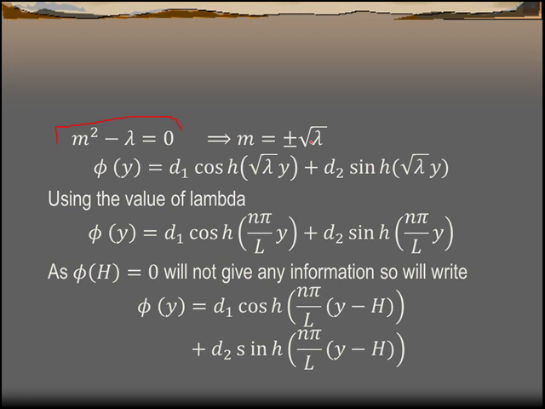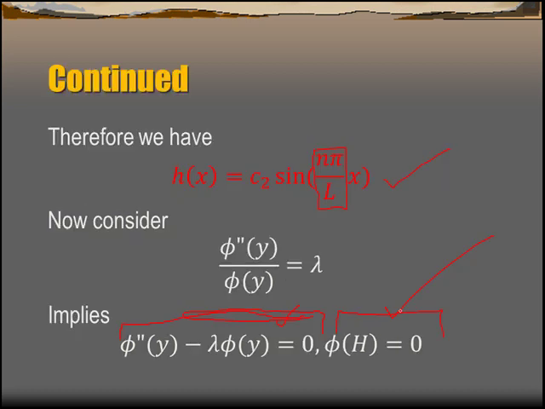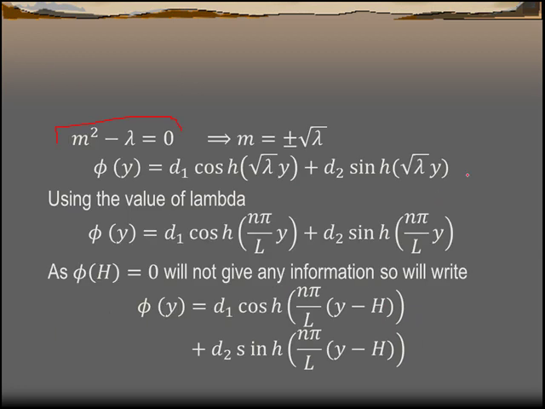Here, because we want to calculate a solution which satisfies this boundary condition also, I will use the hyperbolic shape of this solution. So the solution phi of y is a constant d1 multiplied by cos hyperbolic under the root lambda y plus d2 sin hyperbolic under the root lambda y.